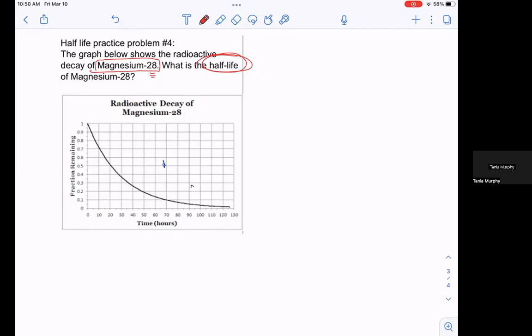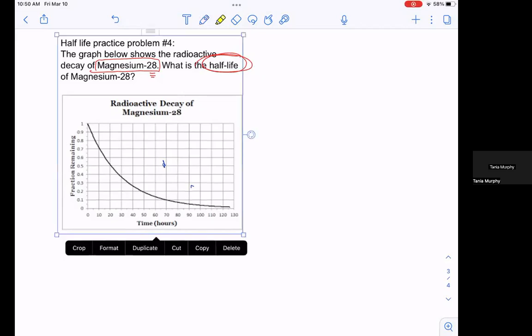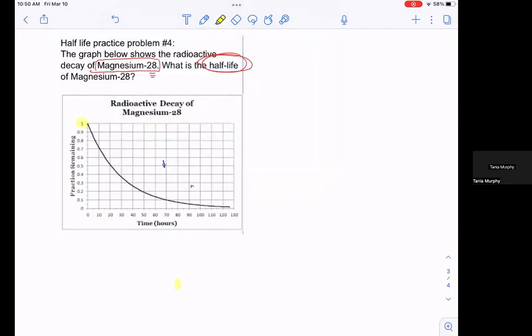All right, well, check it out. What you're going to do is just look at how much you start with. All right, we start with 1 here. So whatever that number is, that's how much I'm going to start with. And then I ask how many grams will remain after 1 half-life. Well, whatever this number is, and let me get rid of that because nothing says kilograms, but it says 1, a fraction that remains. The whole thing is there. Well, after 1 half-life, what amount will remain? Half. Yeah, right, half.